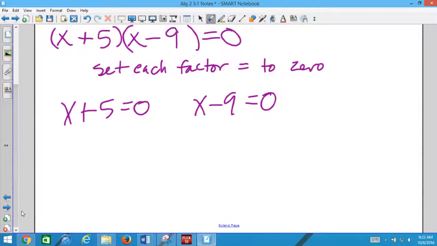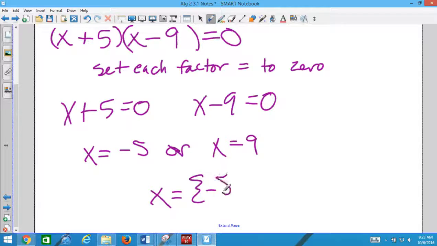That should be easy. So you set each factor equal to 0, subtract the 5, add the 9, and we have 2 answers. So my answers are negative 5 or positive 9.